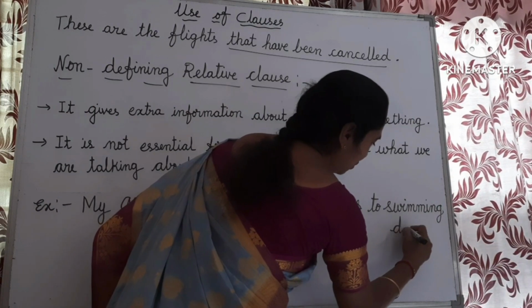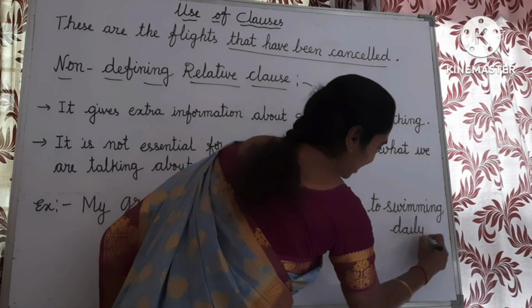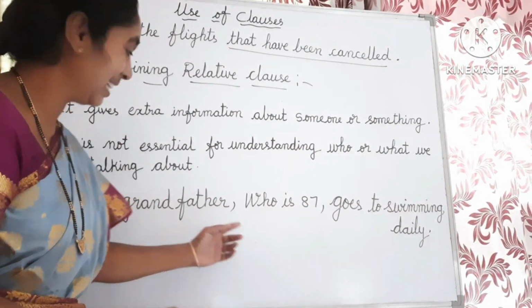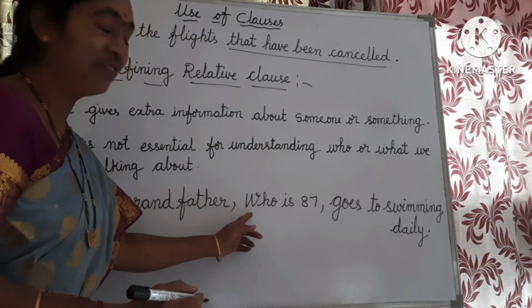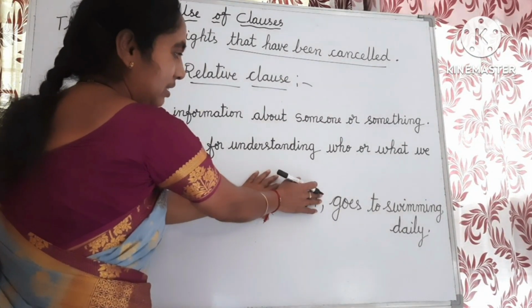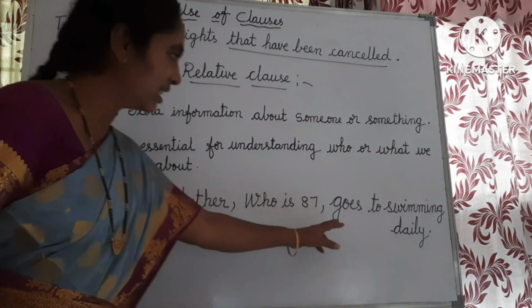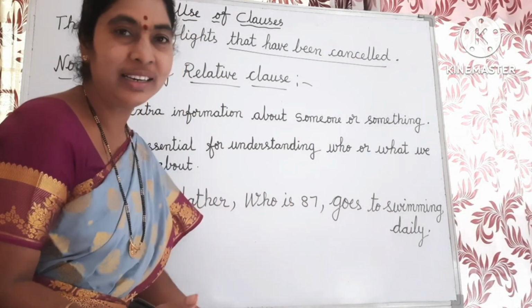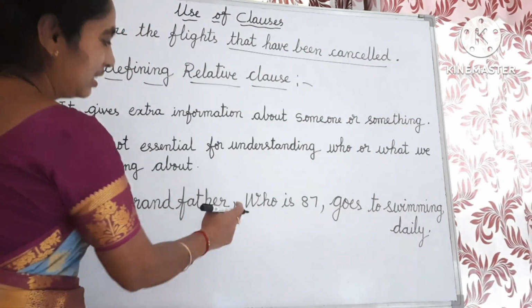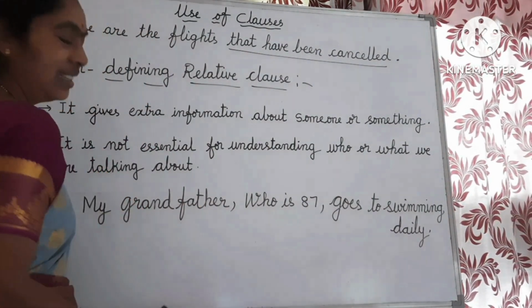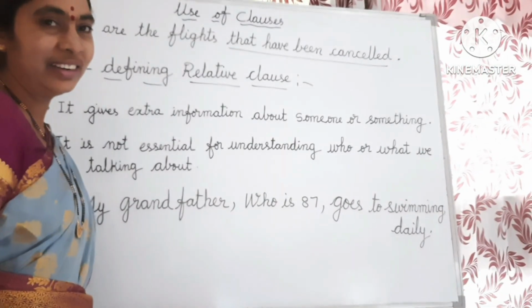It is very easy to find out what type of clause it is, defining or non-defining. Commas are there, no? So it is a non-defining clause. It is extra information. It is not necessary in this sentence. Without this clause, the remaining sentence gives complete sense: my grandfather goes to swimming daily. It gives complete meaning, na? It is extra information. So it is a non-defining relative clause.